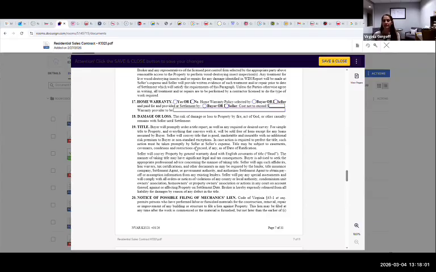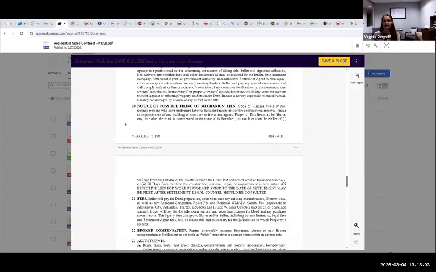Notice of possible filings of mechanics liens permit persons who have performed labor or furnished materials for the construction, removal, repair, or improvement of any building or structure to file a lien. The Code of Virginia permits somebody that has performed a job on the property to file a lien against the property.